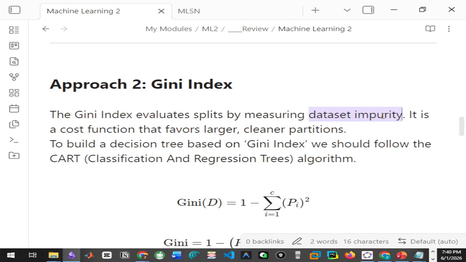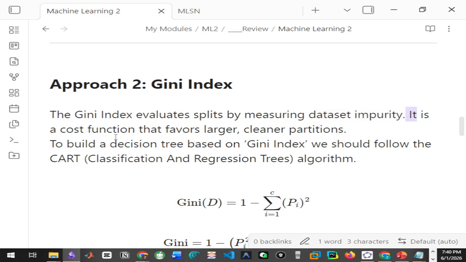So it tests the yielded dataset by impurity. So intuitively, we are supposed to find low impurity. The lowest, the best.